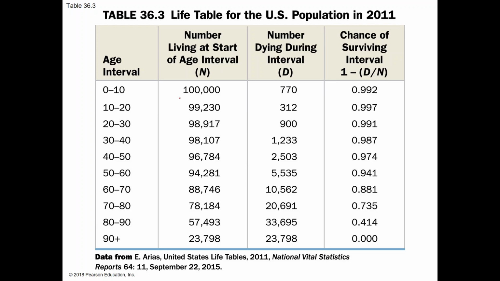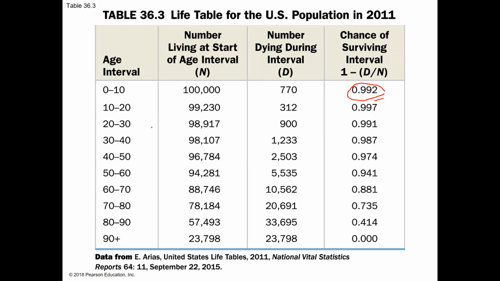So if you have 100,000, roughly 770 of those 100,000 will not make it to age 10. So the chances of making it to the age of 10 is more than 99% in the U.S.